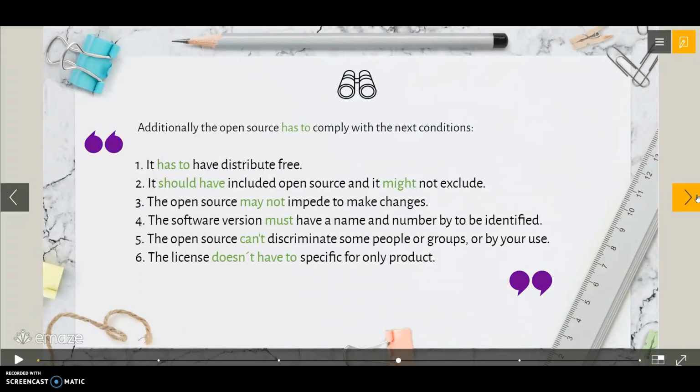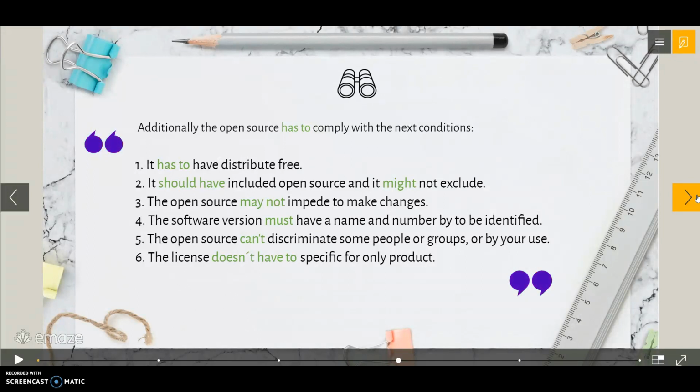Additionally, open source has to comply with the following conditions. 1. It has to be distributed freely. 2. It shall include the source code and must not exclude it. 3. The open source may not impede making changes. 4.